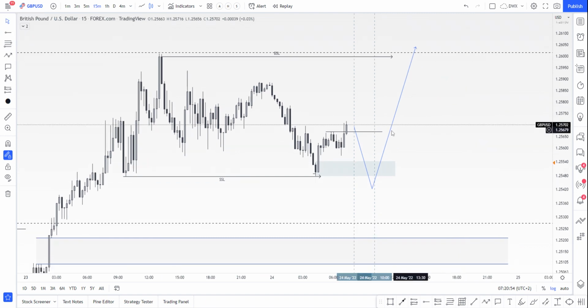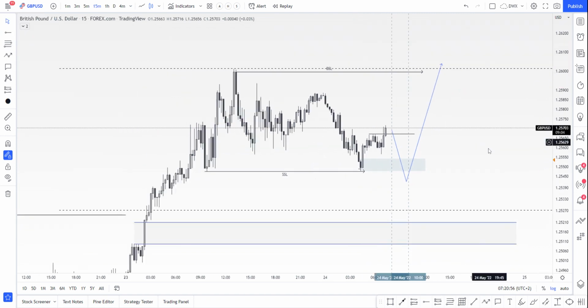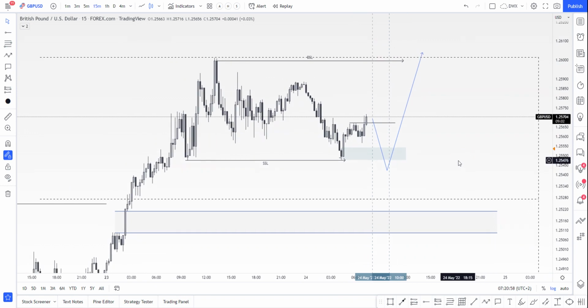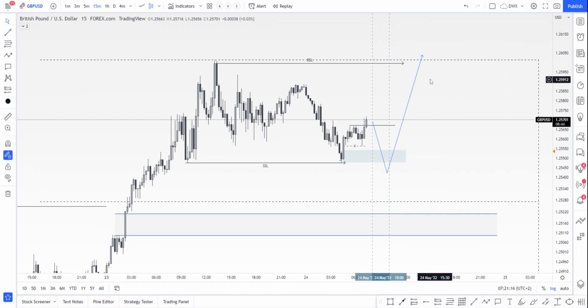We just need to react. That's why all of this is, in a sense, meaningless, because price can do whatever it wants to do. I could have missed something that you may be looking at and seeing now. But that doesn't worry me, that doesn't faze me. I just wait to see what price will be doing, and then I react on it, whatever it is that price is doing.